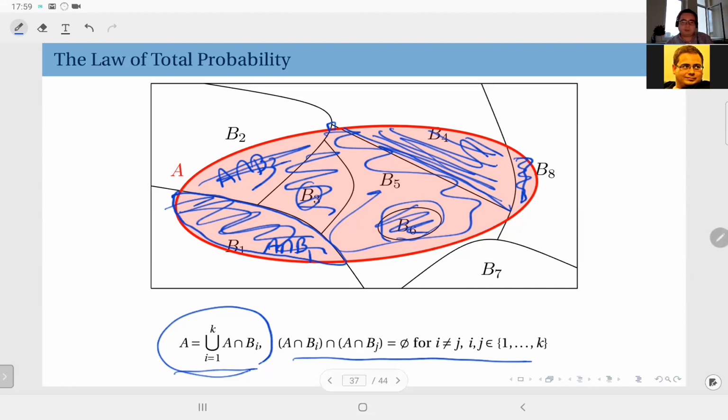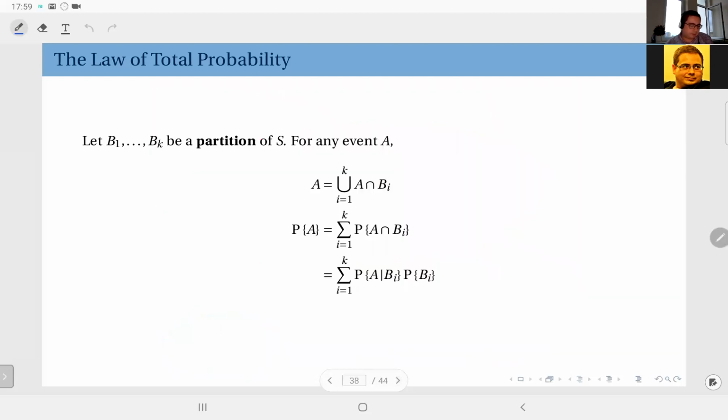Let's say I'm interested in the probability of event A, but I cannot write its probability directly. To write its probability, I condition it on the B's, when it's easier to write the probability of A when you have the information on which of the B events has occurred.